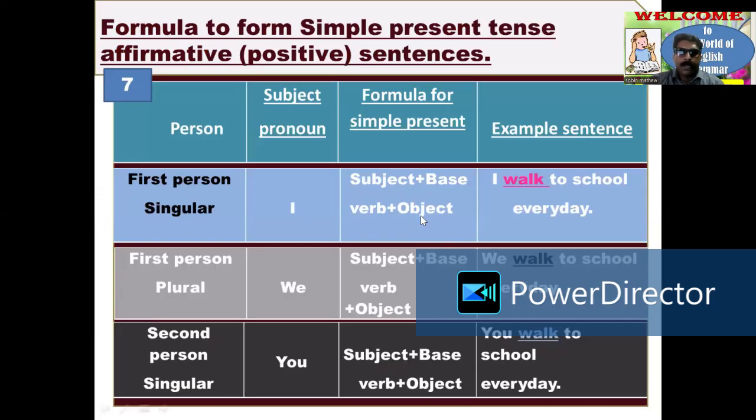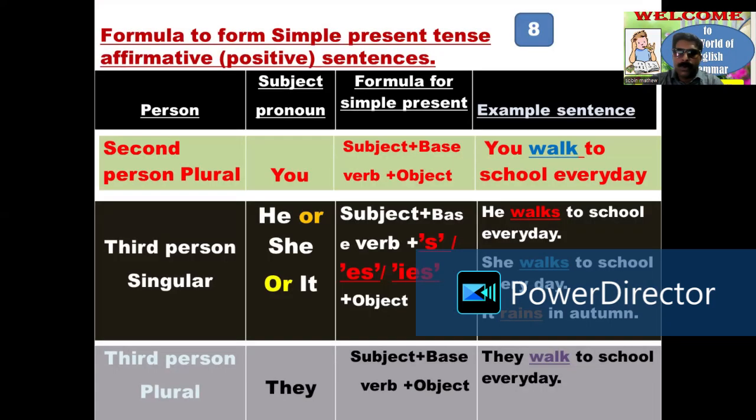Now, all the students respond to the teacher. Yes, sir, we do. All the students copy the formula with the examples to their notebook. Did you finish copying? All the students respond to the teacher. Yes, sir, we have finished.